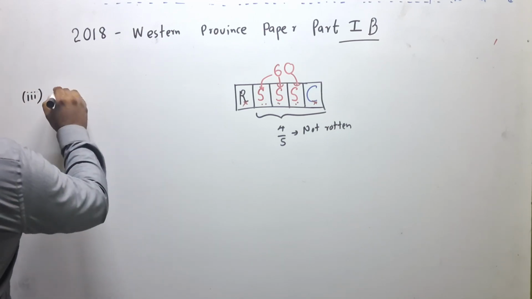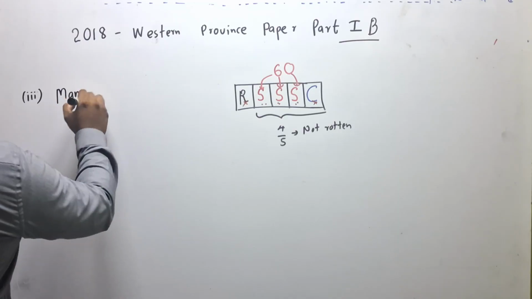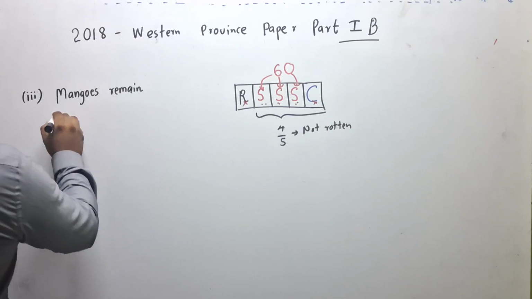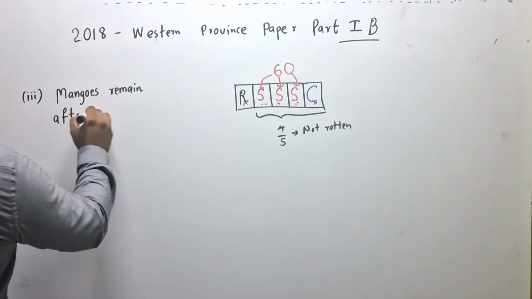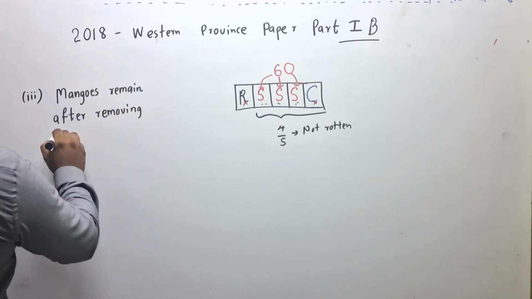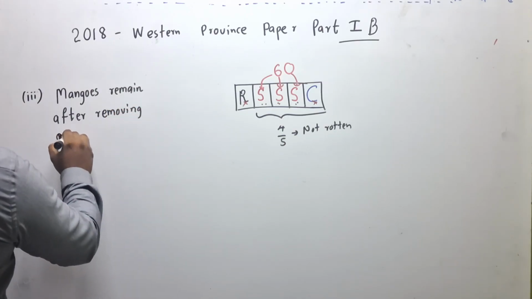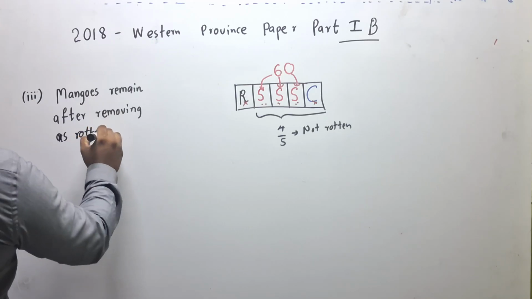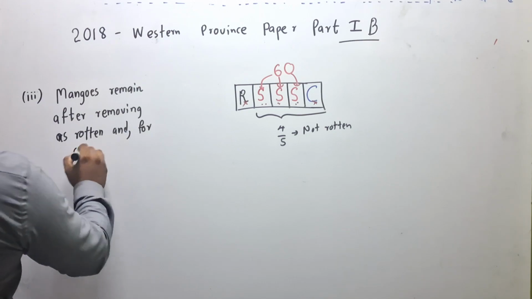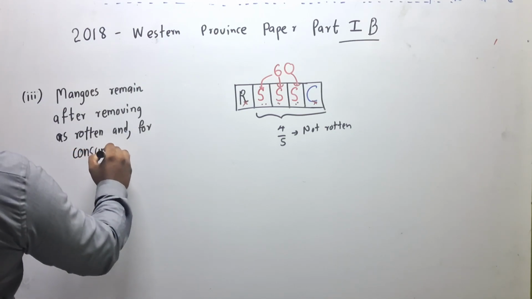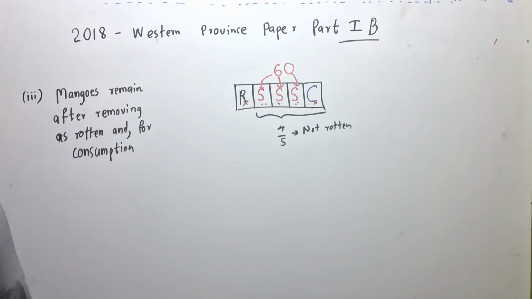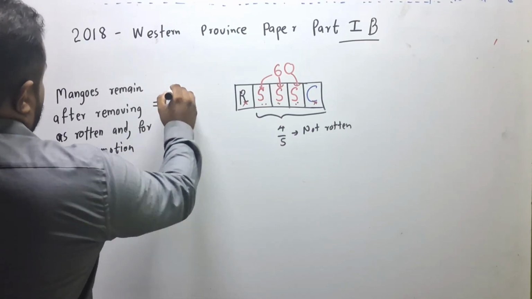First we have to find mangoes remaining after removing the rotten ones and those for consumption.